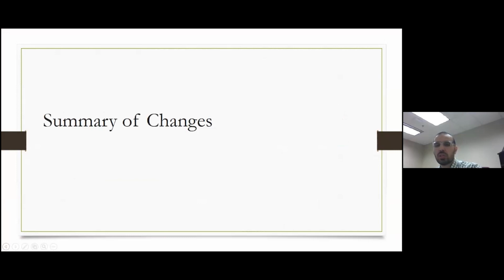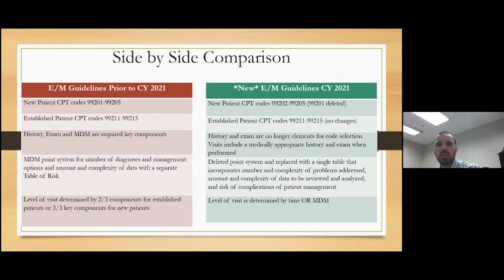So some of the changes that happened starting January 1st, 2021: we are no longer using level 1 service for a new patient.